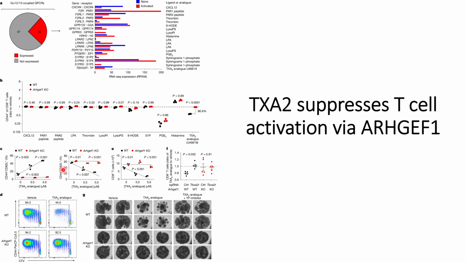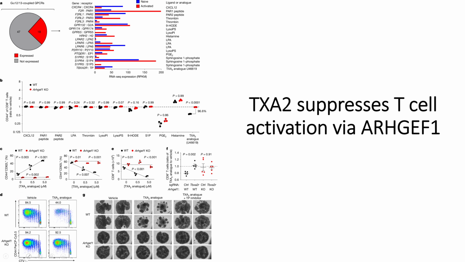The CD44 plus and CD62L plus ligand goes down with increasing concentration of the TXA2 analog, but there is no impact in the ARHGEF1 knockdown, indicating that the signaling pathway is not completed in the knockdown, but it is completed in the wild type T cells.